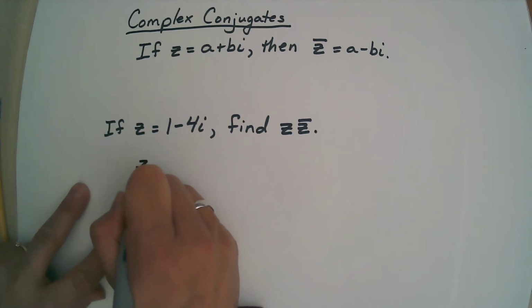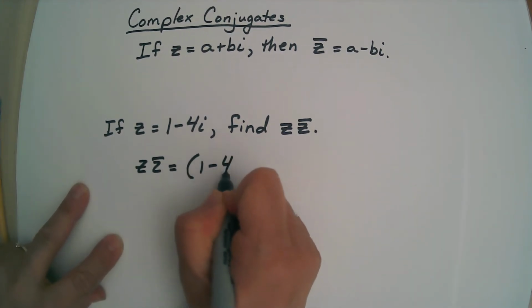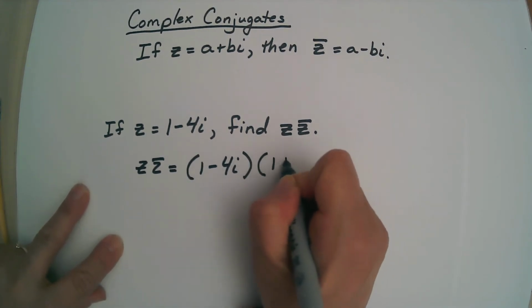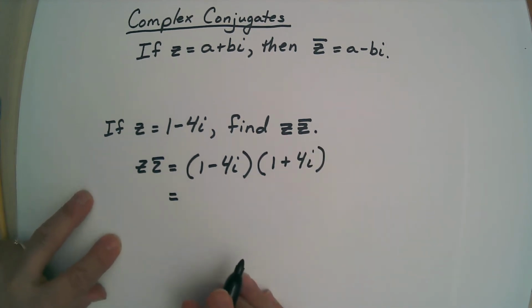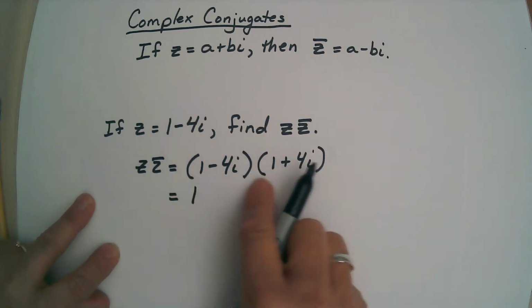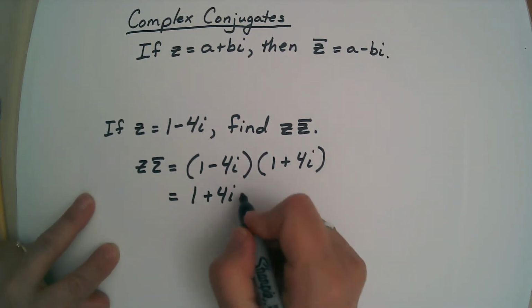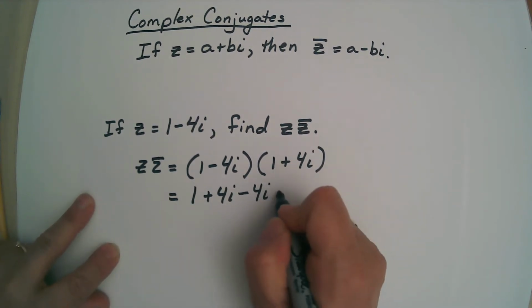In this case, we would have 1 minus 4i times its conjugate, which would be 1 plus 4i. And we multiply much as we did in the previous example. 1 times 1, 1 times 4i, negative 4i times 1, negative 4i times positive 4i.